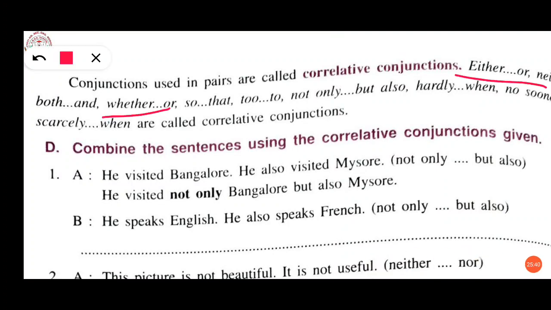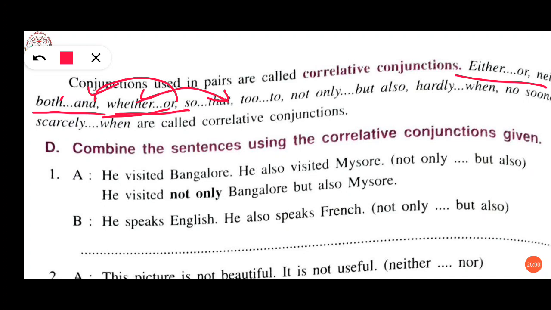See students, we can't use "whether or" that. That is a pair of whether or, both and. We can't use "both and or". These are the correlative conjunctions, meaning we have to use either or, neither nor, like this.